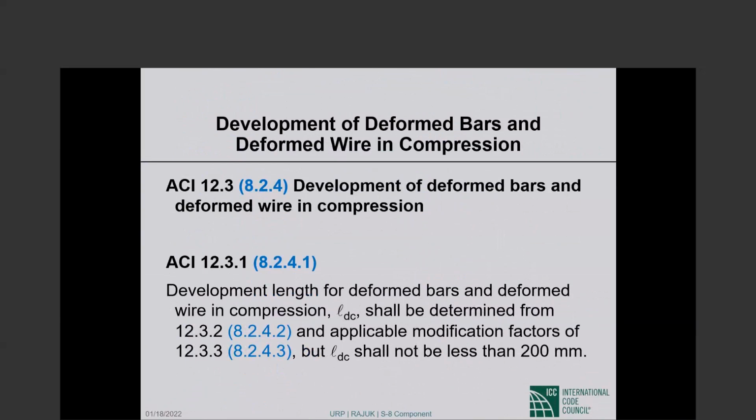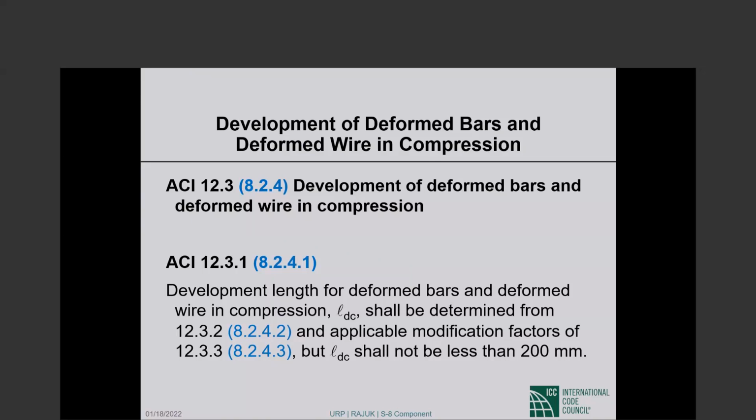Okay. Now we come to development of deformed bars and deformed wire in compression. We go from tension to compression. Okay. So development length of deformed bars and deformed wire in compression, this is now L sub DC. L sub D is development length in tension. This is all required development length. L sub DC, required development length in compression, shall be determined from section 1232 and applicable modification factors.